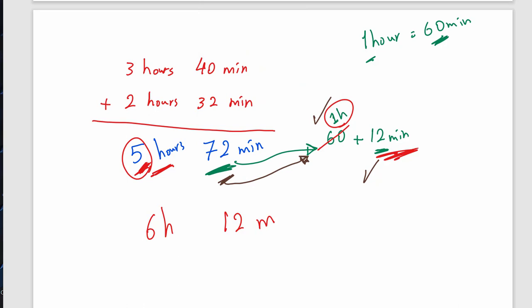Let's name this regroup, because we regroup from minutes to hours. We take from the minutes to give the hours. So the 72 minutes needs regrouping because it's more than 60. Yes, thank you, Muhammad. This is a good question.